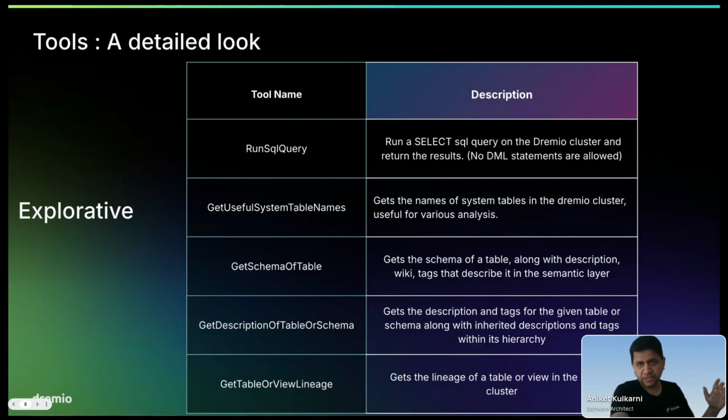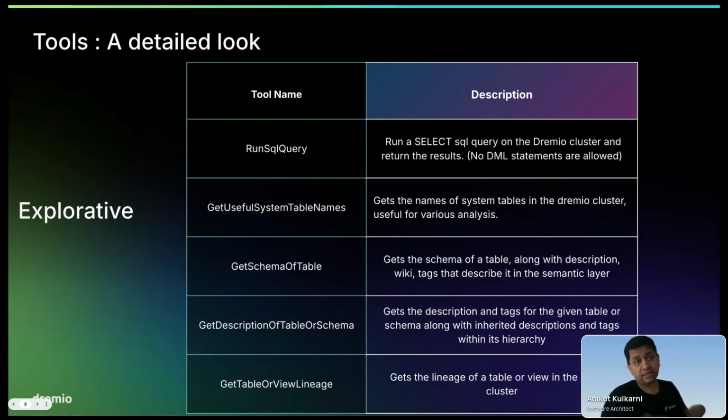As the name suggests, it is around the schema, the descriptions, labels, and tying these together in a hierarchy that makes sense. So for example, you have a source which has a bunch of folders which have a bunch of tables. Being able to know that there is a description that might have been entered, a wiki that might have been created for the table as a part of your semantic layer transformation.